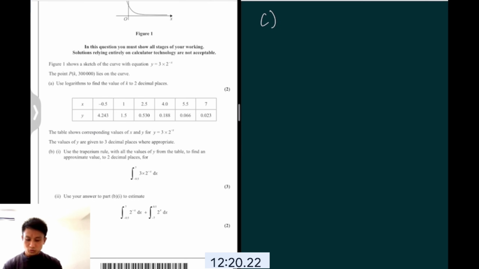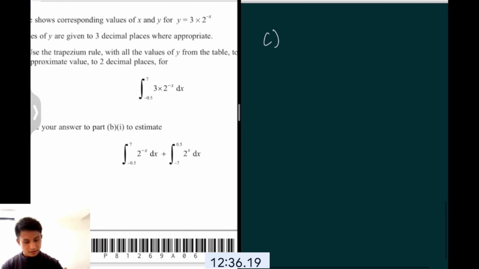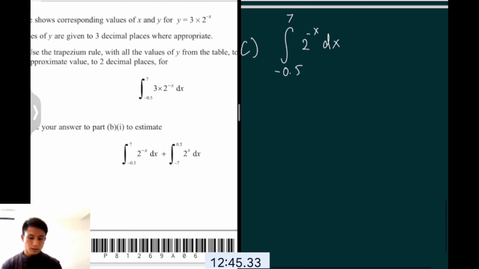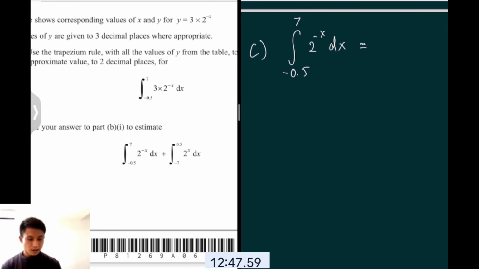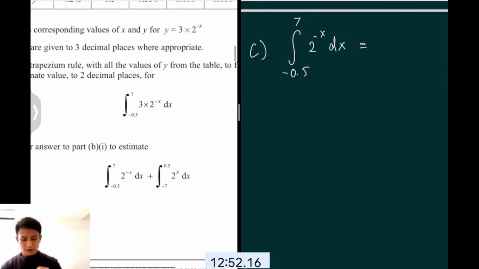Use your answer to part B to estimate this. Well, it sort of seems like one of the terms is the same power, but taking the 3 out. And the other one is a flip, right? So this one is going to be the original one divided by 3, right?